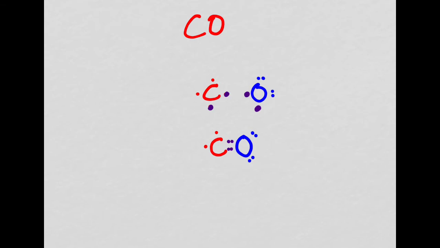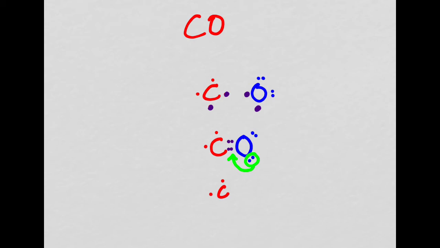Well, a coordinate covalent bond is where one atom donates a pair of electrons. Rather than just a single electron, it donates an entire pair in order to help the other atom achieve the octet rule. So what happens is this pair of electrons there goes, and it's shared now between carbon and oxygen.